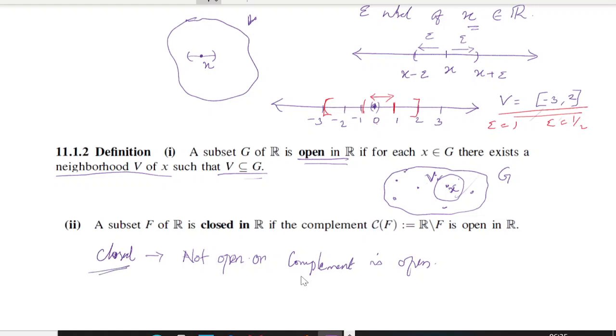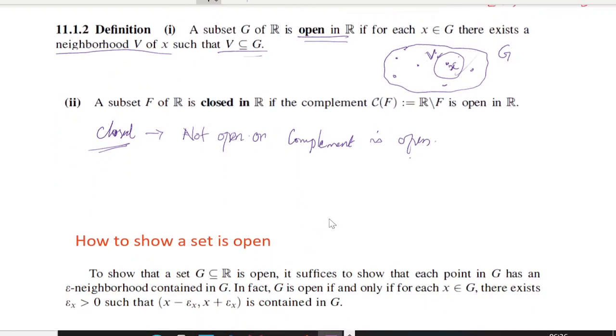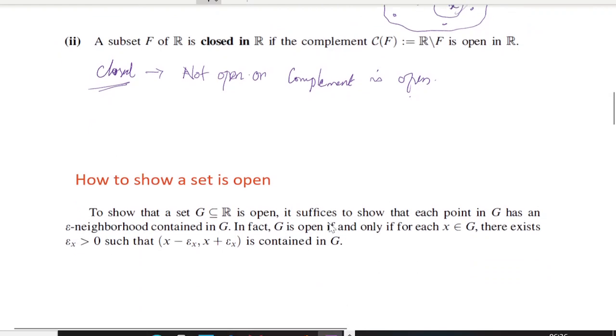When you say that a set G is open, for each point x of that set there should exist a neighborhood V of x such that V is completely contained inside the set G. Now, how to show that a set is open?